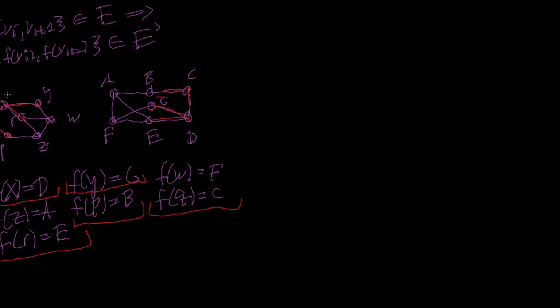We could view pz analogously to ba, since p maps to b and z maps to a. Now we could view zw analogously to af, since z maps to a and w maps to f.